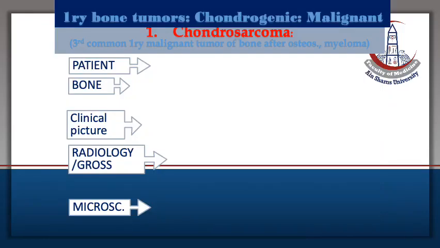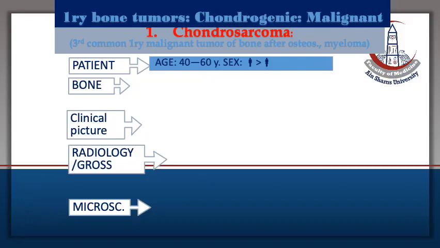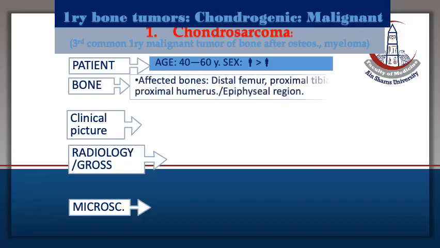Chondrosarcoma is the malignant cartilage-forming tumor. It appears from middle age to old age. It may occur in the long bones in the region of the epiphysis, or also in the irregular bones.